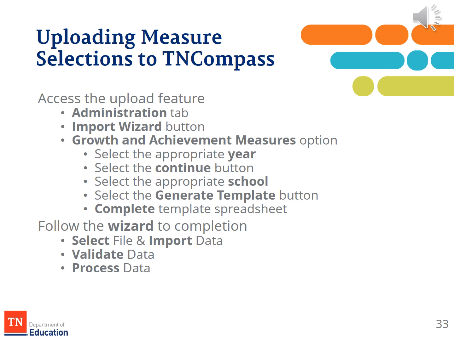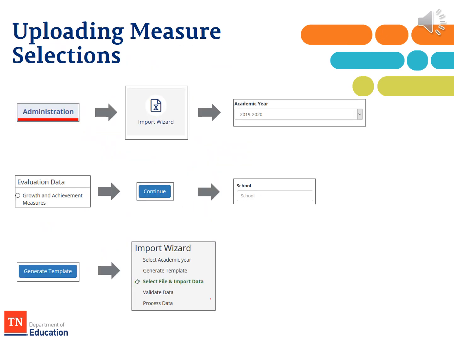The Import Wizard will walk you through the import process for growth and achievement measures. The steps are outlined above. This flowchart is a visual representation of the steps you will follow in the Import Wizard.